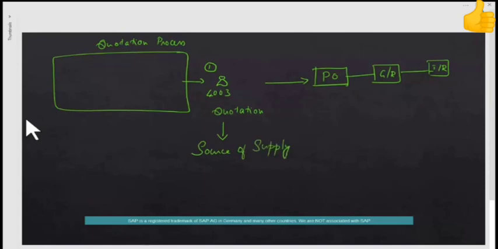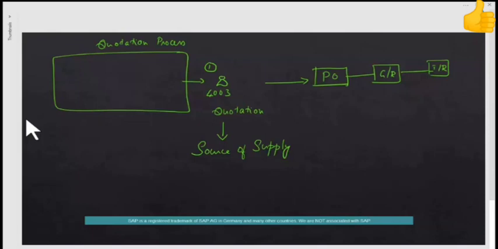What's a source of supply? A source of supply is just a set of data that we can use again and again to create purchase orders, right? So whenever we want coffee, we can use vendor 4003. And what are the modes in which you maintain the data for 4003 at this price?